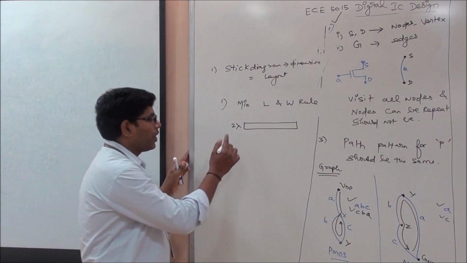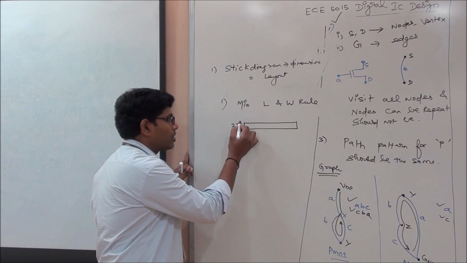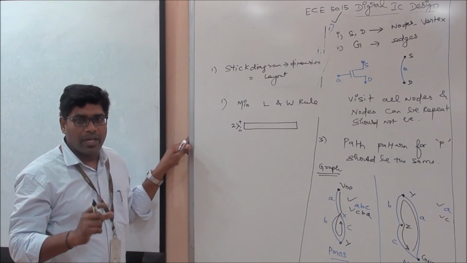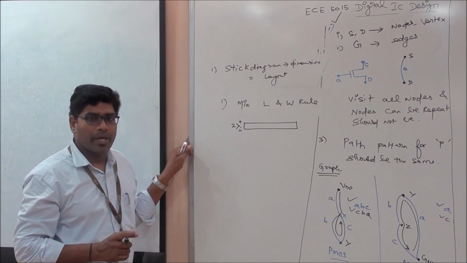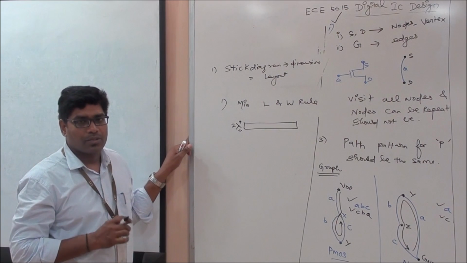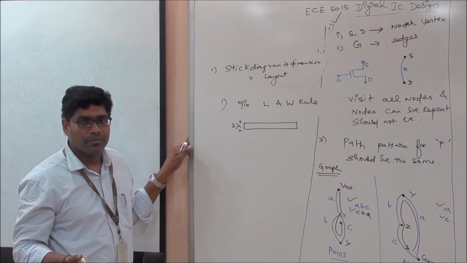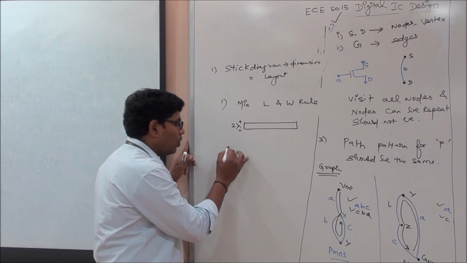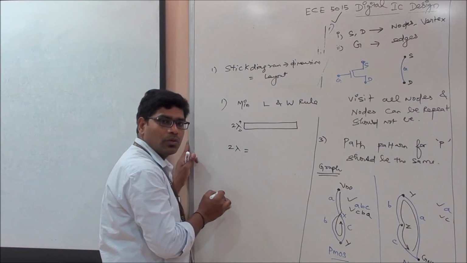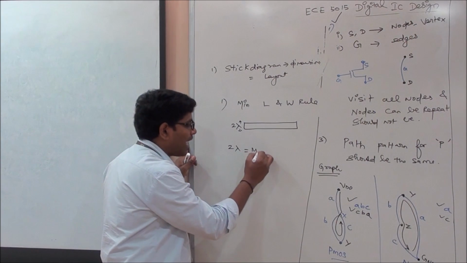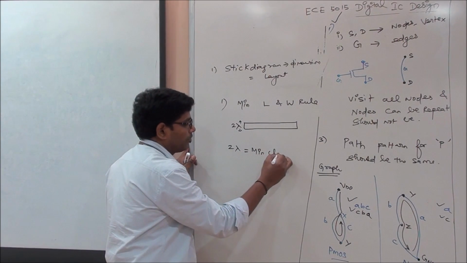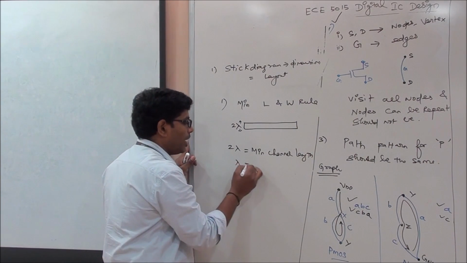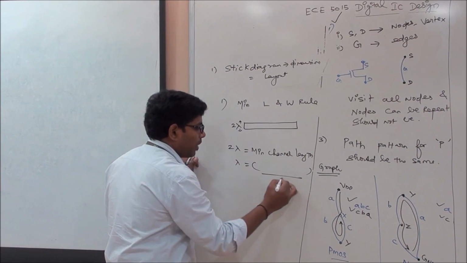But remember, every dimension, the minimum length, width, everything will be represented by a certain amount of lambda: 2 lambda, 3 lambda, 5 lambda, where 2 lambda equals the minimum channel length. So lambda is minimum channel length by 2.